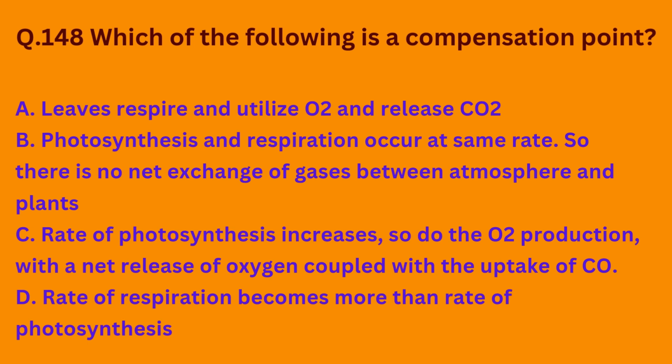Option C. Rate of photosynthesis increases, so do the oxygen production, with a net release of oxygen coupled with the uptake of carbon dioxide. Rate of respiration becomes more than rate of photosynthesis. So the correct option is option B. Compensation point is basically when there is no net exchange of gases between atmosphere and plants, and photosynthesis and respiration occur at the same rate.